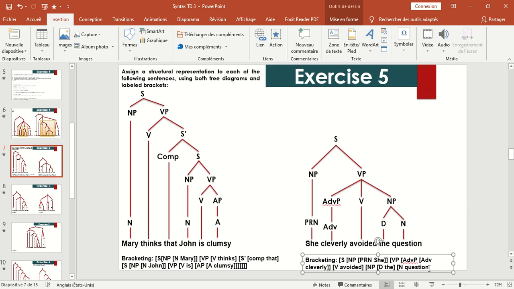Then here we close the noun phrase, the verb phrase, and the sentence. We have 4 brackets, 1, 2, 3, 4. Our sentence is fine.